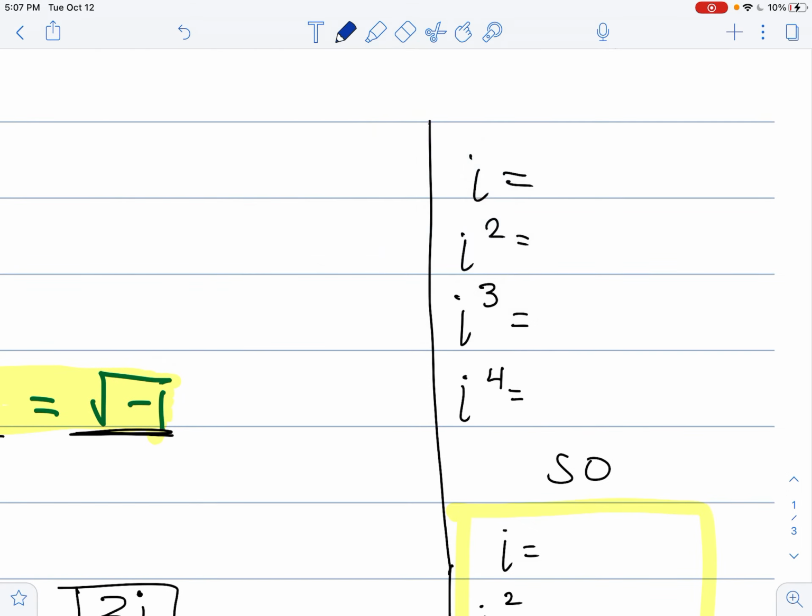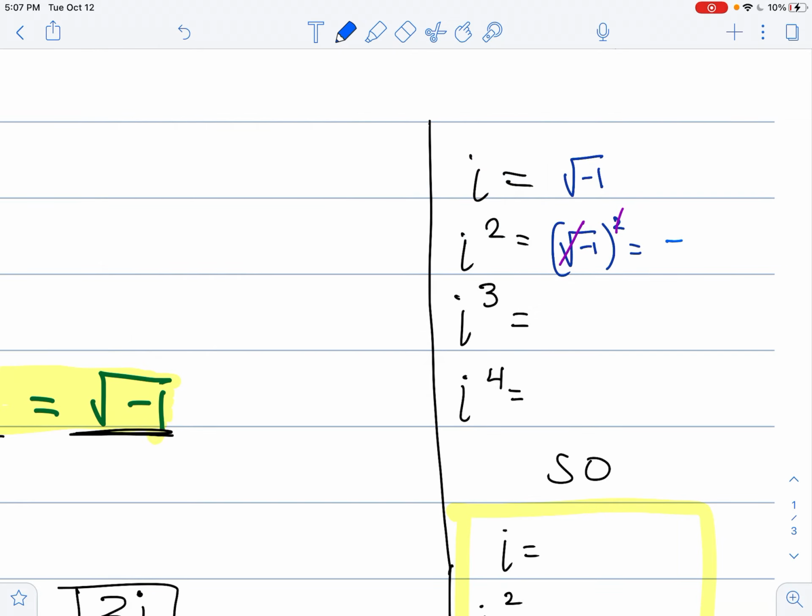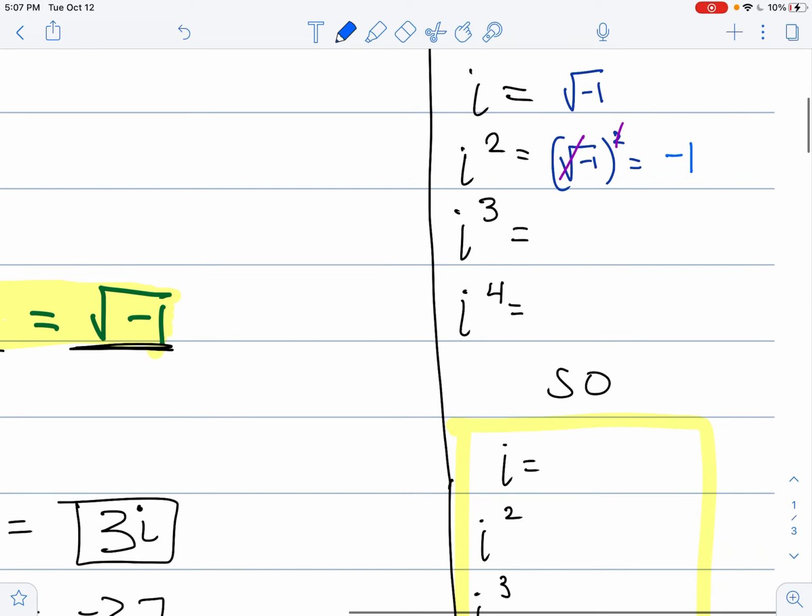So let's look at this for a second. We know that i equals the root of -1. So i squared is like saying the root of -1 squared, which, because the squared and the root cancel out, becomes just -1. Then i cubed I can say is i squared times i. Well, I know i squared is -1, times i, so that's just -i.